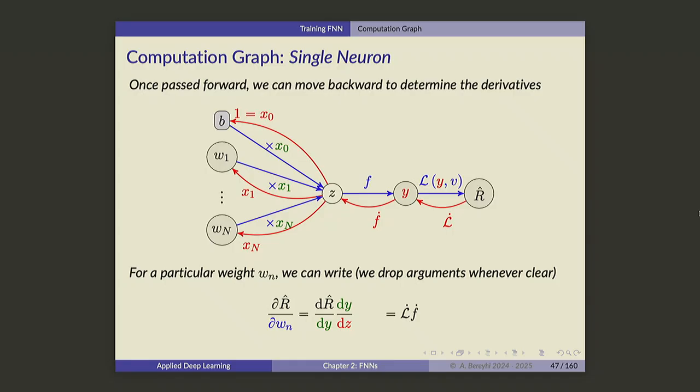Then the derivative of z with respect to the particular weight wn, which is going to be the corresponding xn. This you can program on your computer, whereas writing down explicitly the gradient of the loss with respect to every single weight, even though possible in this particular case, is going to be more complicated. But now you can easily do it.